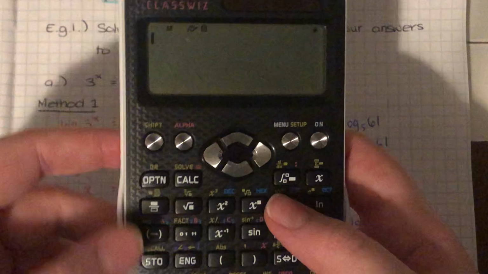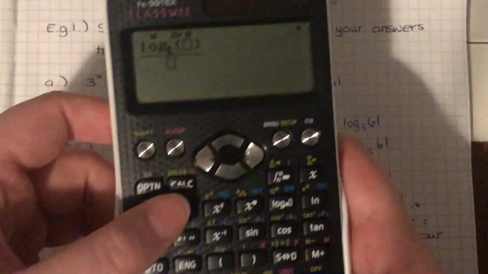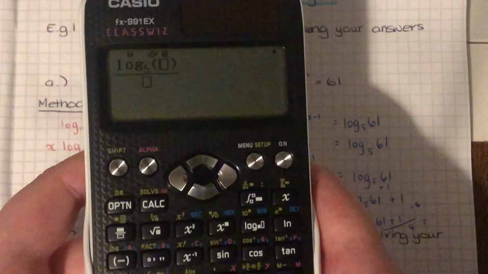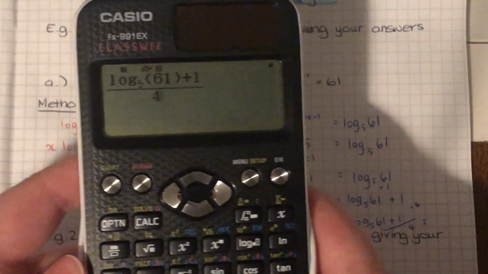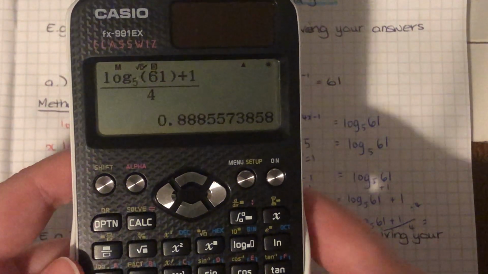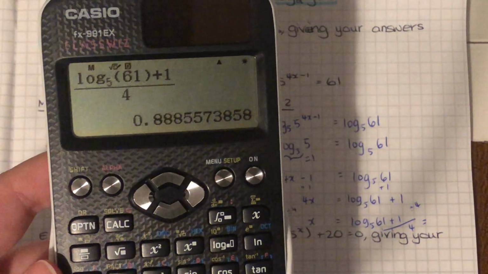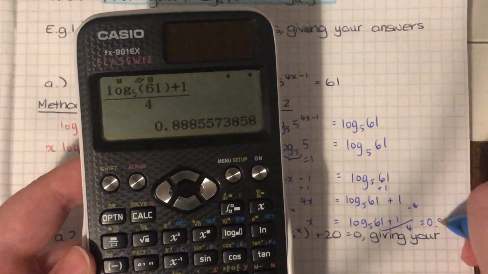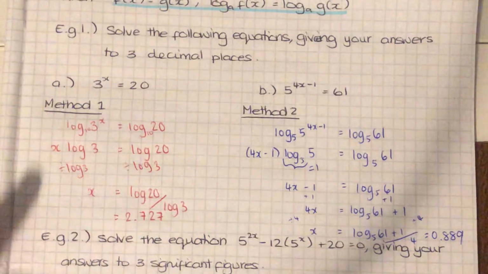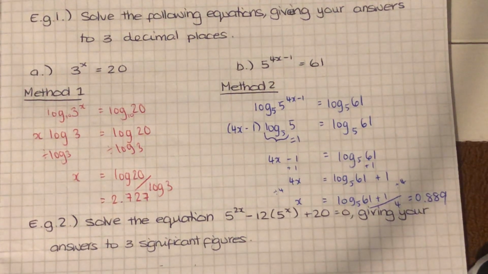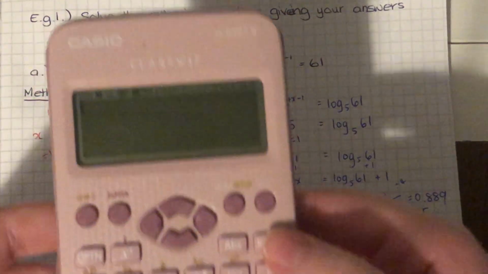So I'm going to use fraction 1. So log base 5 of 61 plus 1, divided by 4 equals 0.88, and to 3 decimal places it would be 0.889. Same with this one, so this one's quite nice.